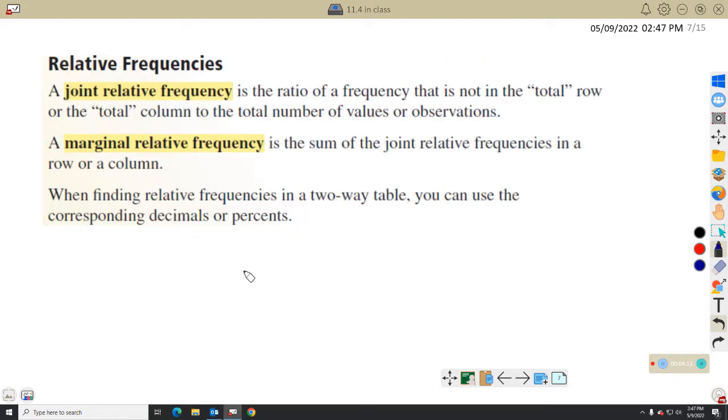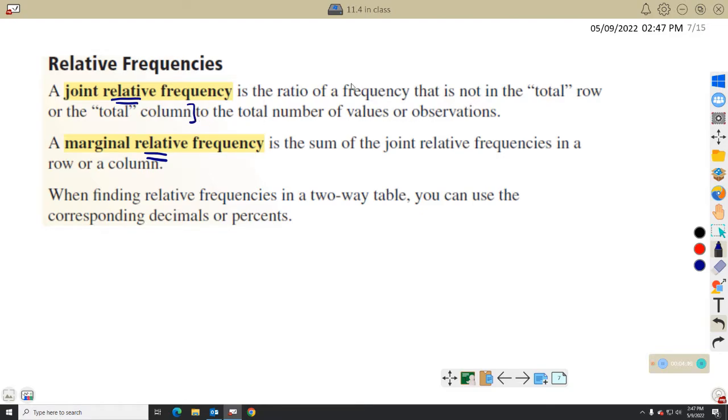Okay, and now we've got these two new terms, joint relative frequency and marginal relative frequency. When we see the word relative, to me that generally means things are compared to each other. A joint relative frequency, now I hate this definition I took from the book, is the ratio of a frequency that is not in the total row or the total column.